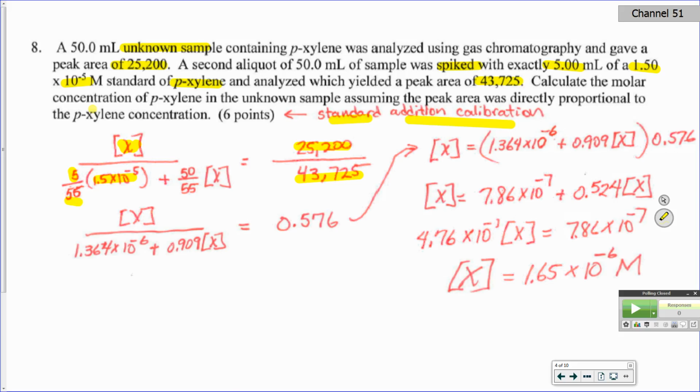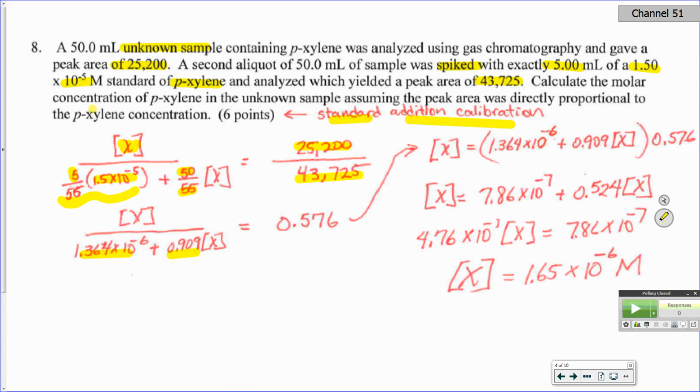I started with 50, I added 5 to it, so now it's in 55. The original sample, I had 50 mL of it, but now it's in 55, so it's diluted by that 10 to 11 ratio, or 5 divided by 55. At that point, it's just a math problem because the only variable I have here is X. So all I did was multiply this out, got a number, divided this out, got a number.